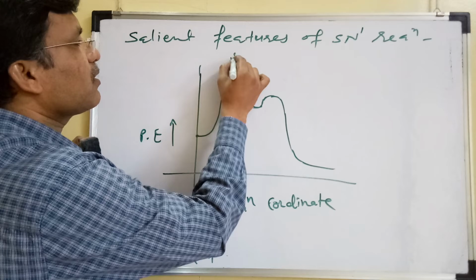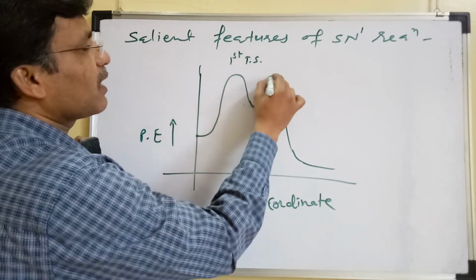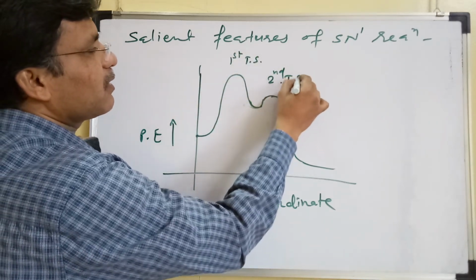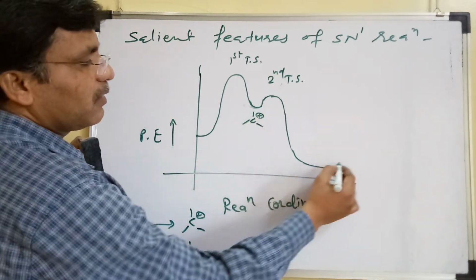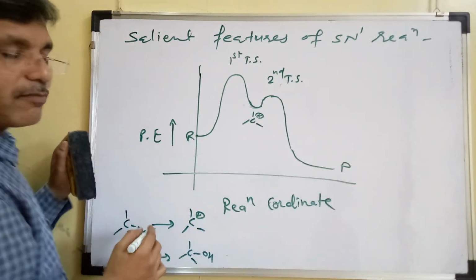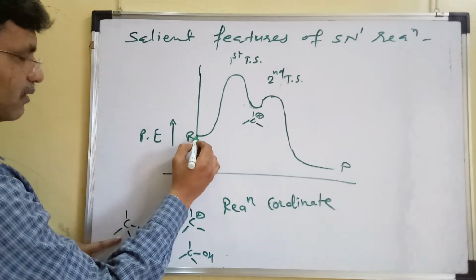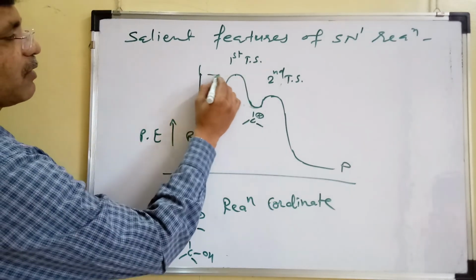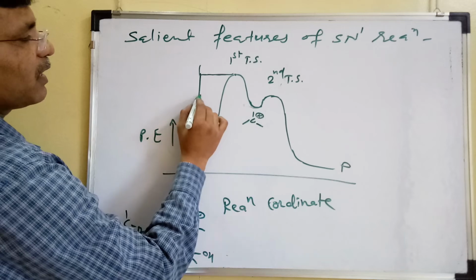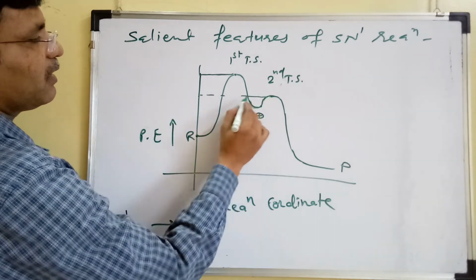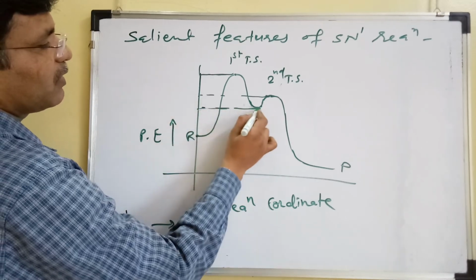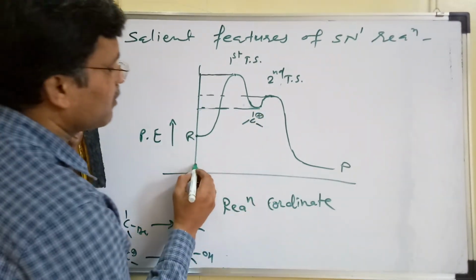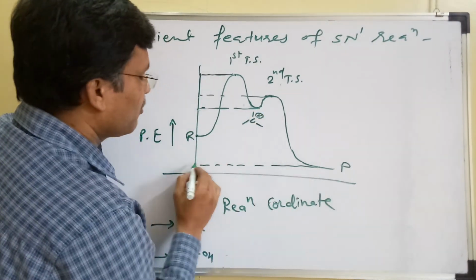This is the first transition state, this is the second transition state, this is the carbocation, this is the product, this is the reactant.